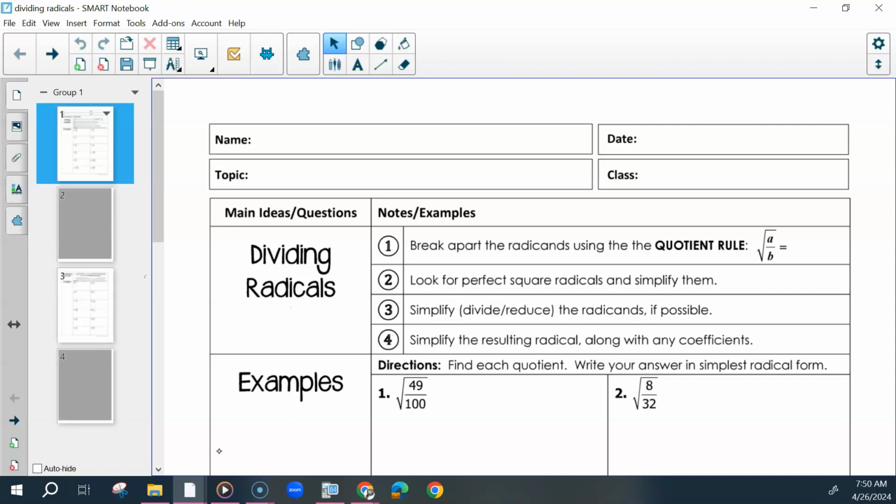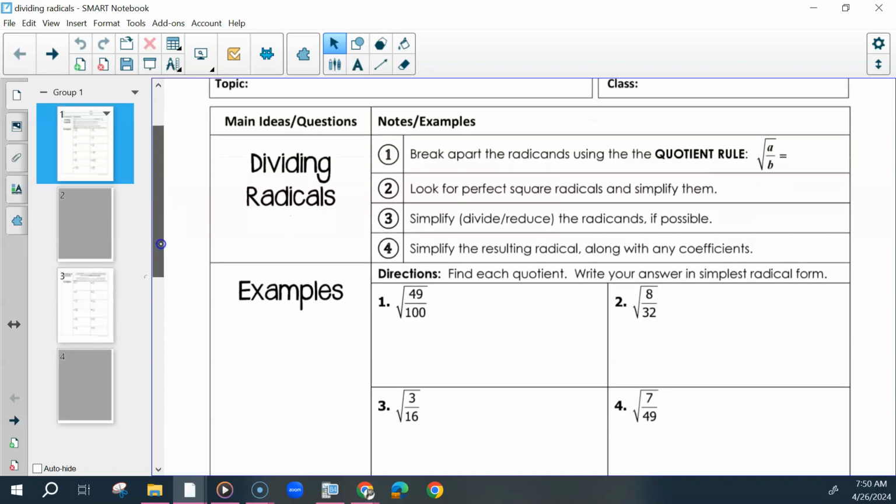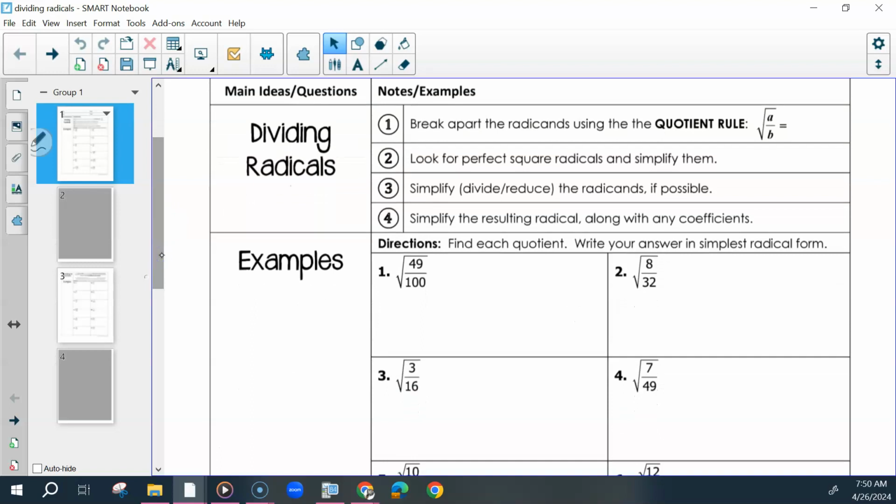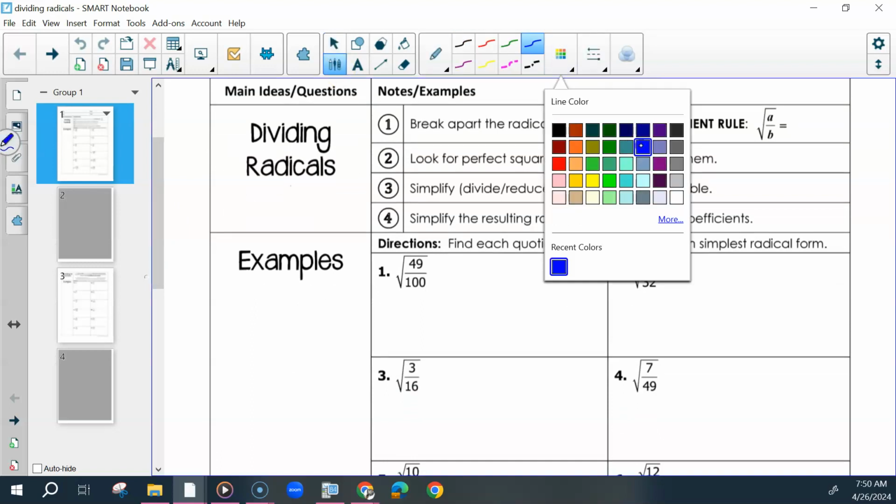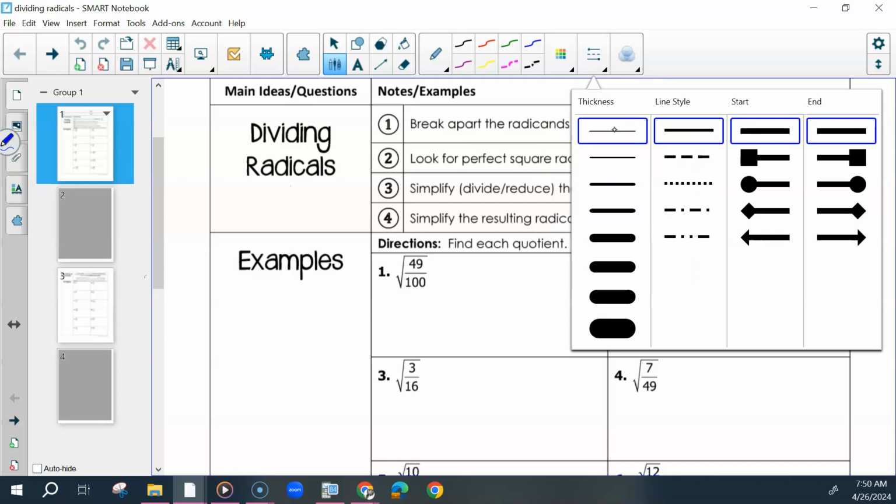It really depends on if the numbers are perfect squares or perfect cubes if it's a cube, or if there's something completely different. We're going to end up simplifying, and then sometimes we end up with a square root in the denominator, and in math, you don't usually see radicals in the denominator, so we do something called rationalizing it.